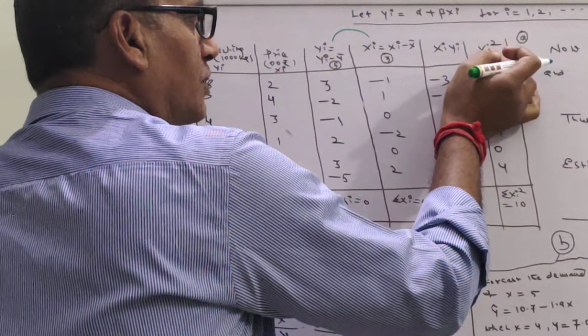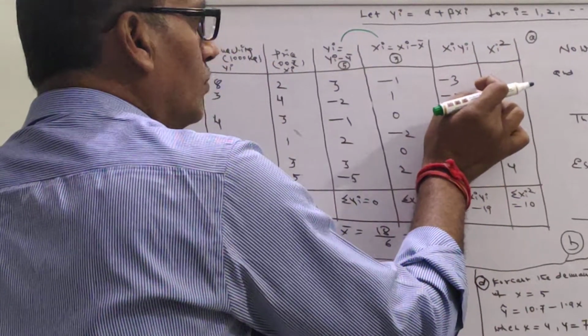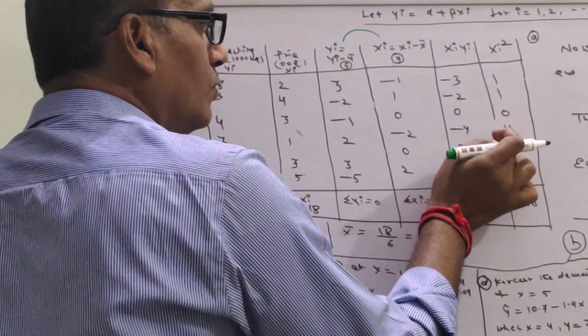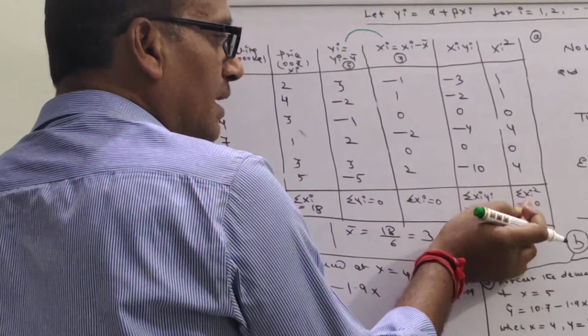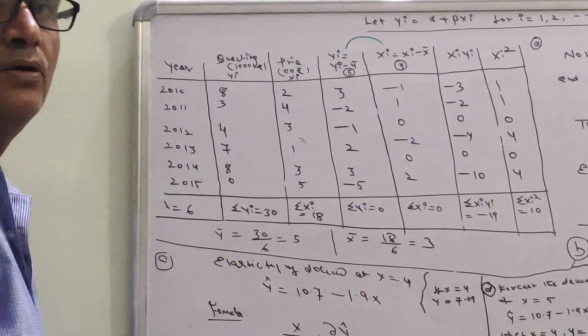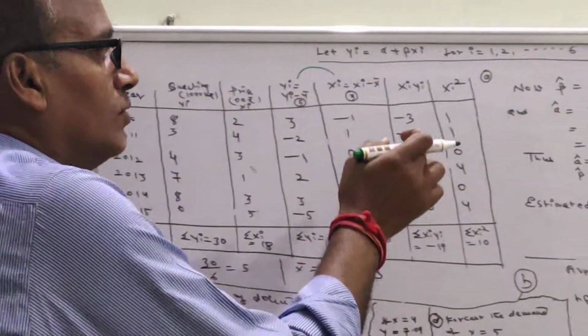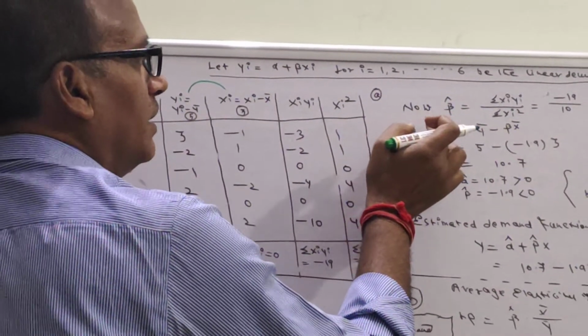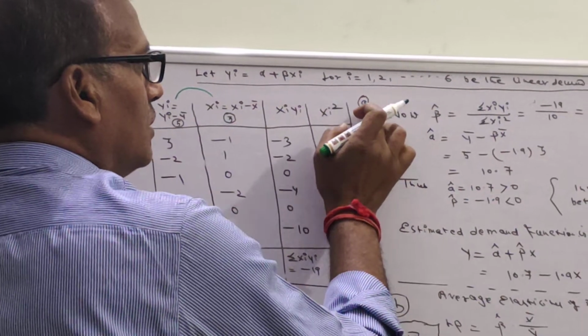Now sigma xi whole square: 1, 1, 0, 4, 0, 4, and sigma xi whole square equal to 10. Now we will have to find here the linear demand function.